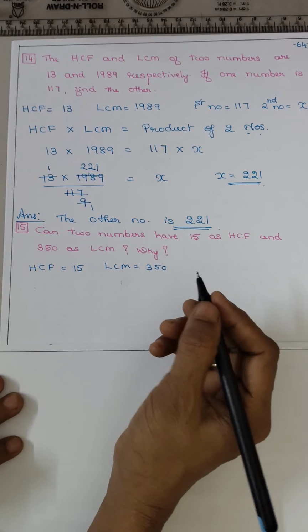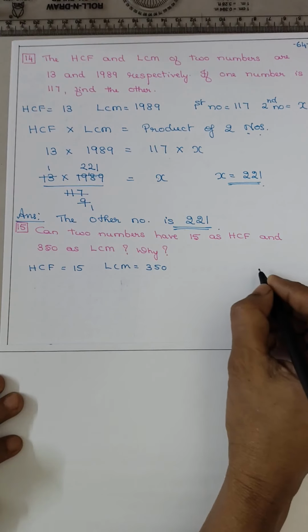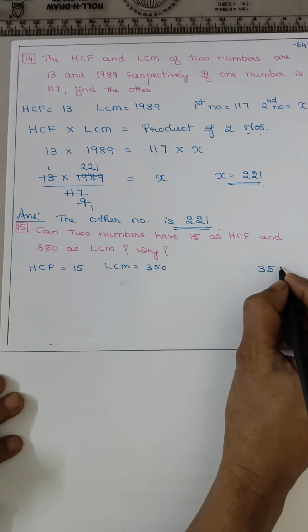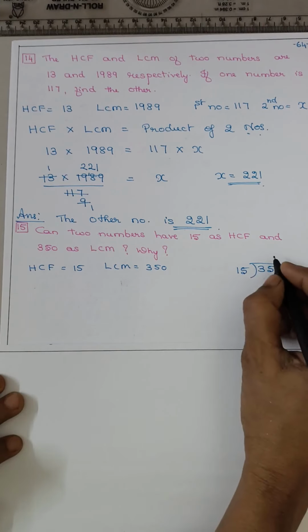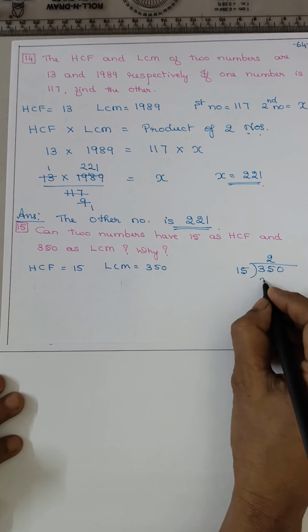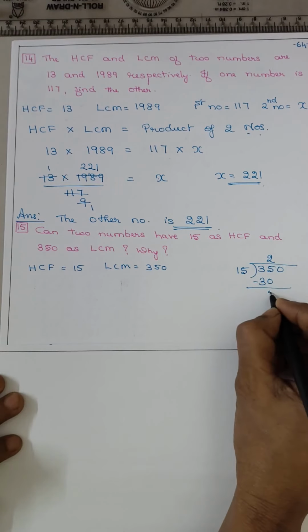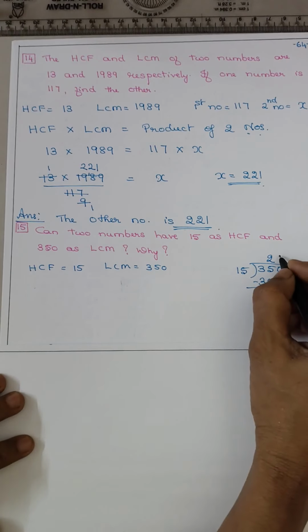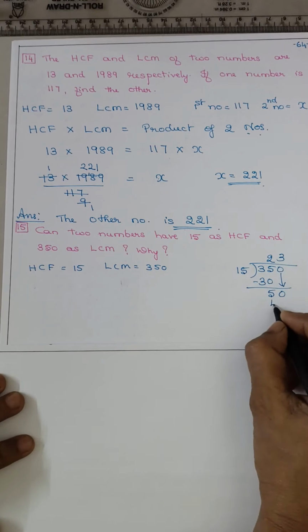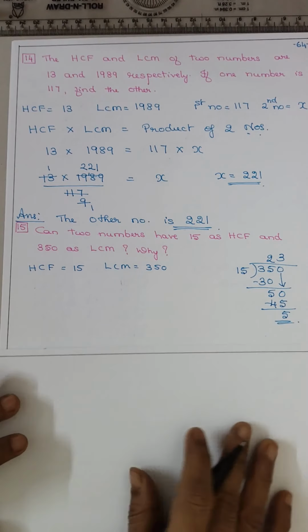HCF is a factor of the LCM. So check. 15 2s are 30, 5 remain, bring this 0 down. 15 3s are 45, remainder is 5.